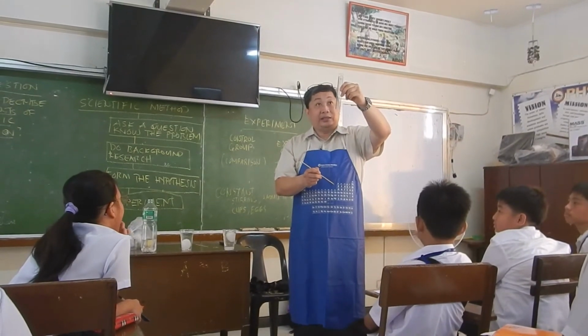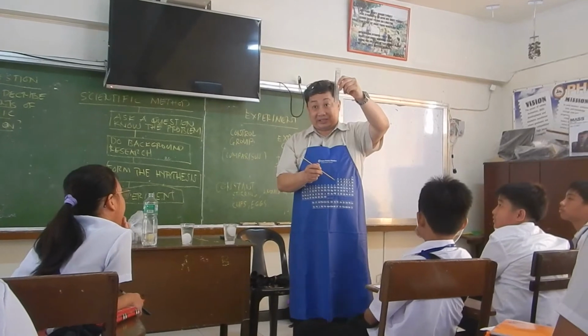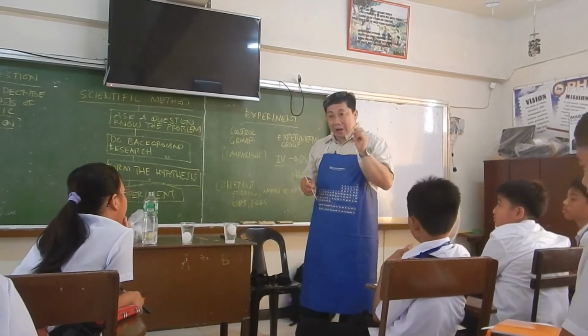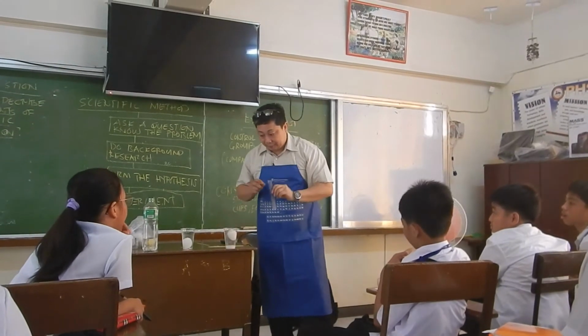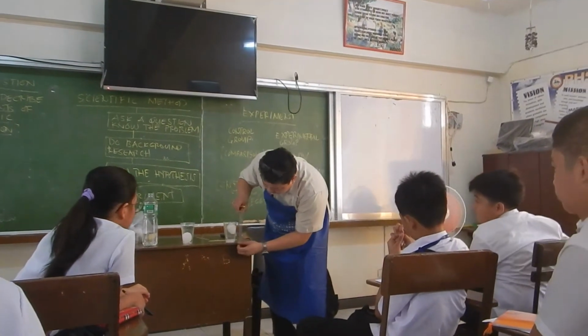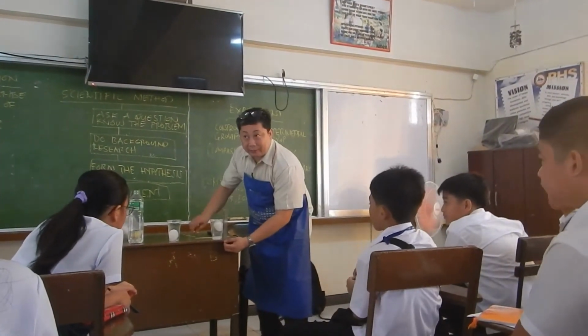Okay? This is a half rule, by the way. It's only 6 inches. Now, how do I measure? From 0 centimeter, I will now position the 0 at the base of the cup. You see that?